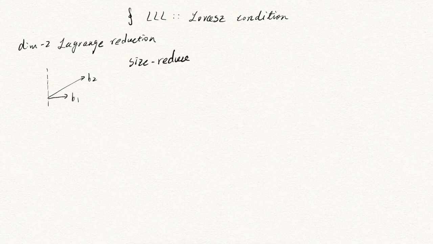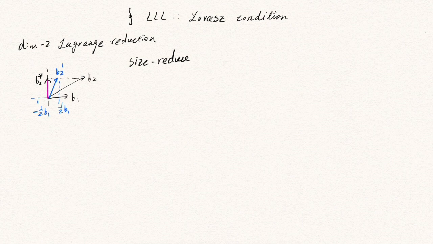You have a size reduction step that brings B2 close to its GS orthogonal vector, such that the length after the reduction, B2 prime, is within half of B1, usually within the range of minus half of B1 and half of B1, right? So it can be brought very close to the orthogonal projection of B2.